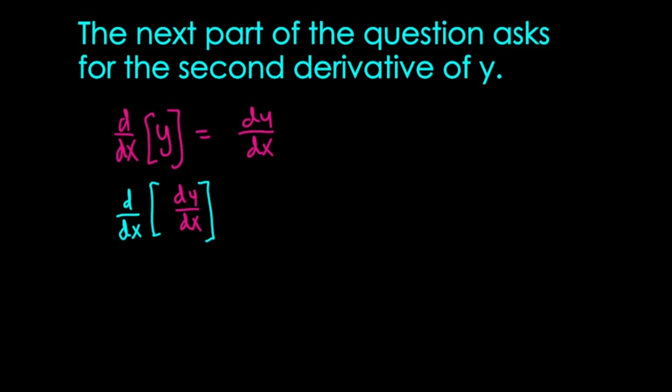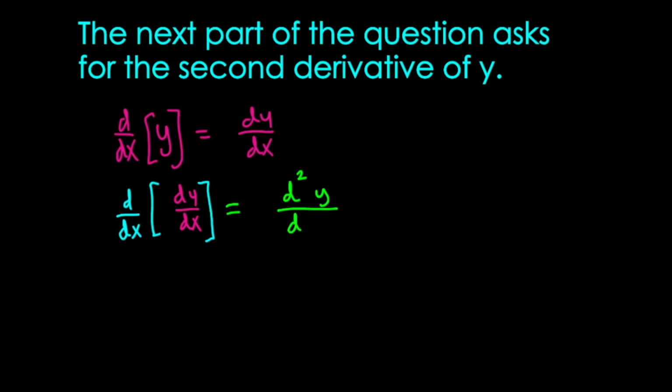But the point is that this result here is written in a bit of a funny way. We write the d with a little 2 up here and then a y. That 2 indicates that we took the derivative twice. And then on the bottom, we want to indicate that we took the derivative with respect to x both times.